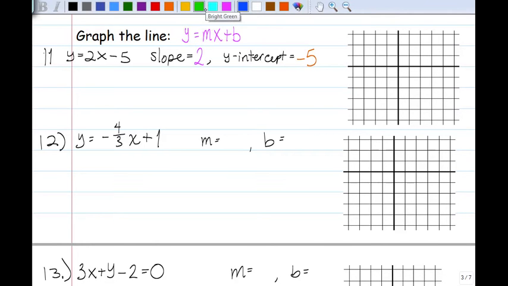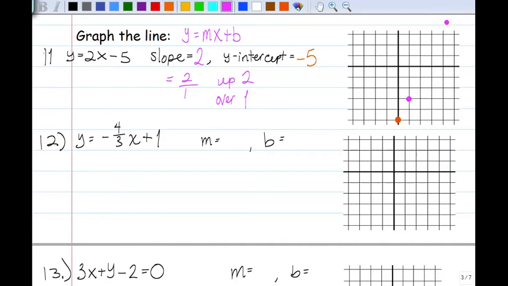Alright, so I'm going to first plot the y-intercept. So that means I'm going to go on the y-axis, which is the vertical axis, and put a dot on -5. Now my slope is 2, which is also the same thing as 2 over 1, which tells me that from that point that I just plotted, I'm going to go up 2 and over 1 to get my next point.